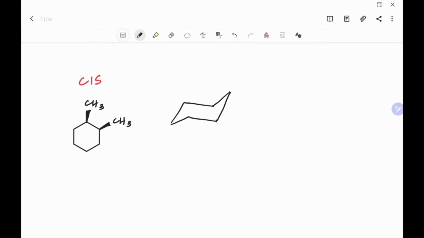How do you get the most stable chair conformation? If you want the most stable conformation, you should look for equatorial substituents, right? So right off the bat, pick a carbon. Okay, so let's say you want to pick these two carbons.